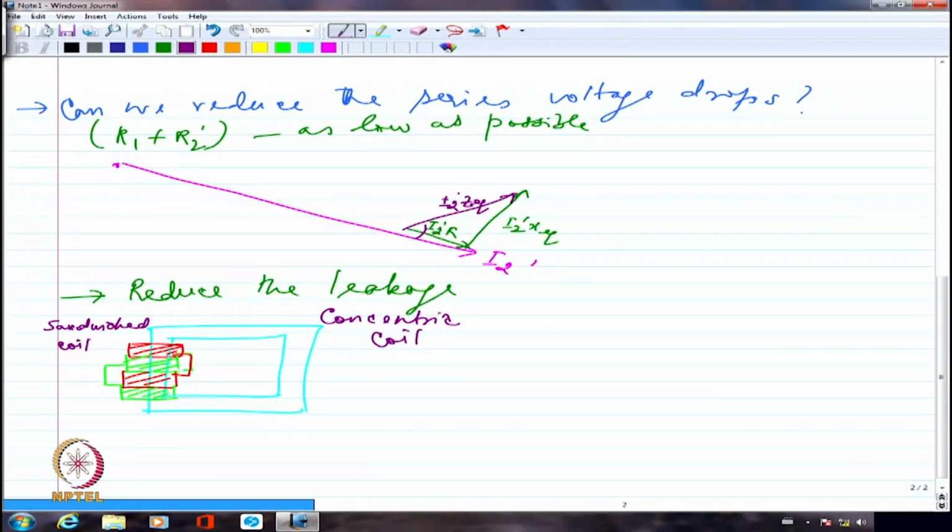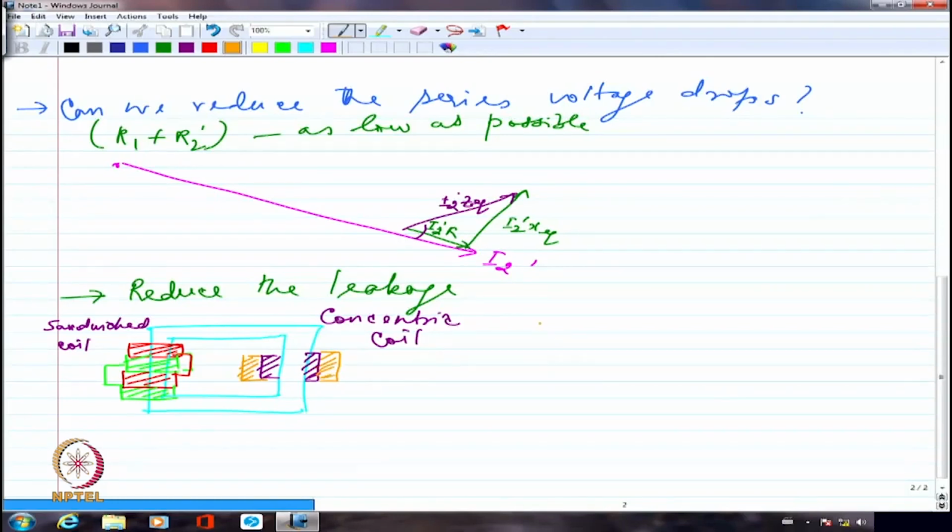Concentric coil is what Swayam just now told. So I will have probably my primary here. It is wound around the limb. And the secondary is going to be probably around that as well. So I am showing something like a cross section or longitudinal section. Are you getting my point?